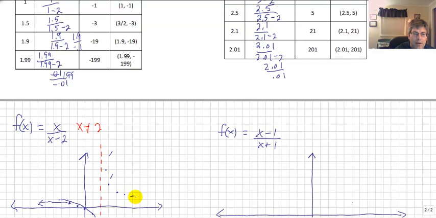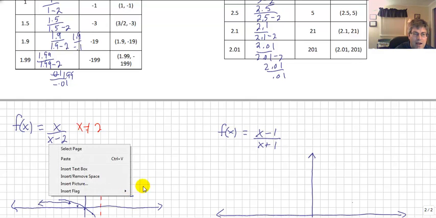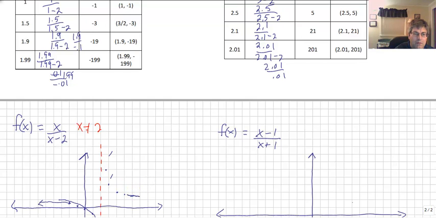And apparently my graph looks something like that. So it's going to approach my asymptote, and as it gets closer and closer, it's going to shoot up, up, up, up, and go to positive infinity.